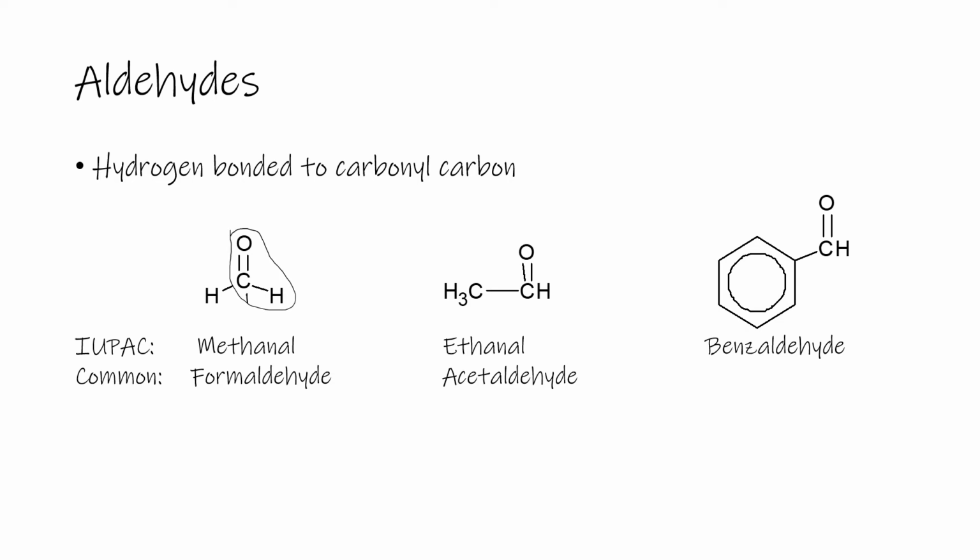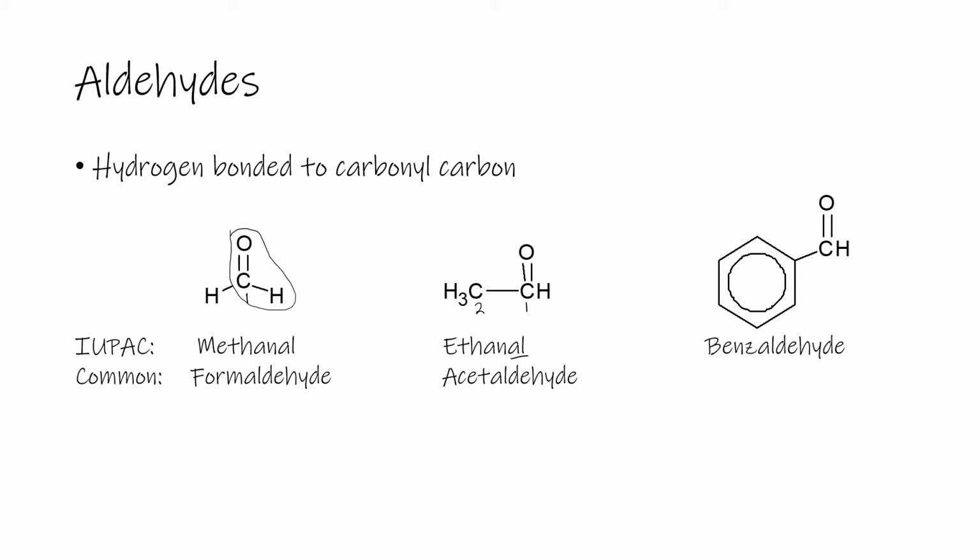The common name for that first one listed there is formaldehyde, so that should be something that is fairly common to have heard before. Moving on, we have ethanal, which has 2 carbons. And so you have the prefix that means 2 carbons, and for aldehydes, the IUPAC name is going to have an AL ending to it.